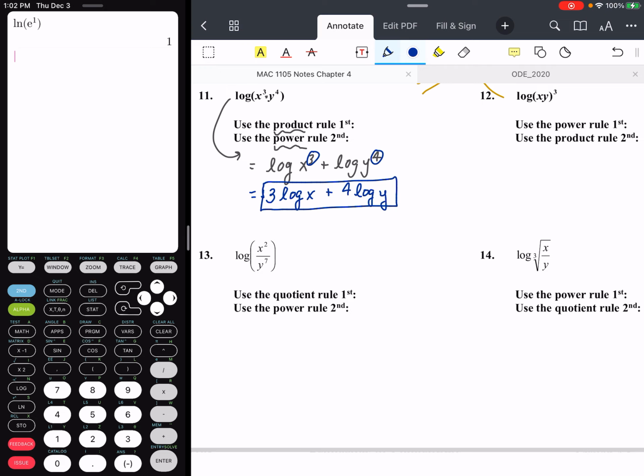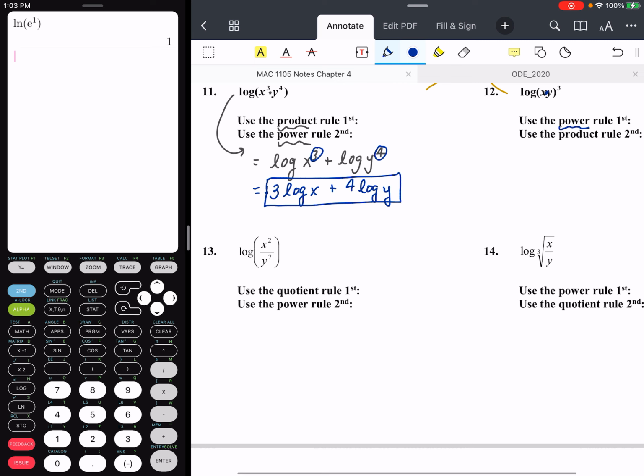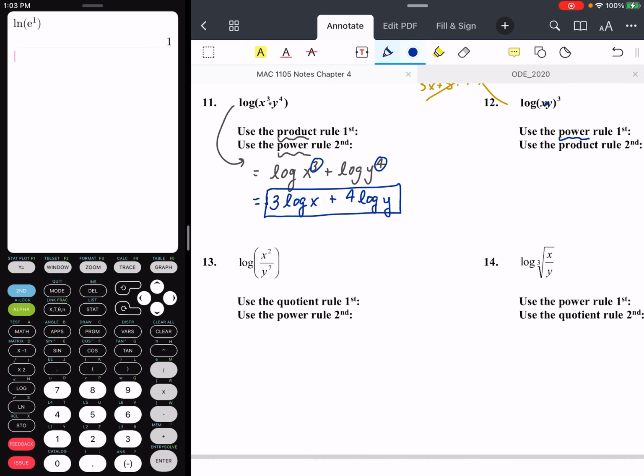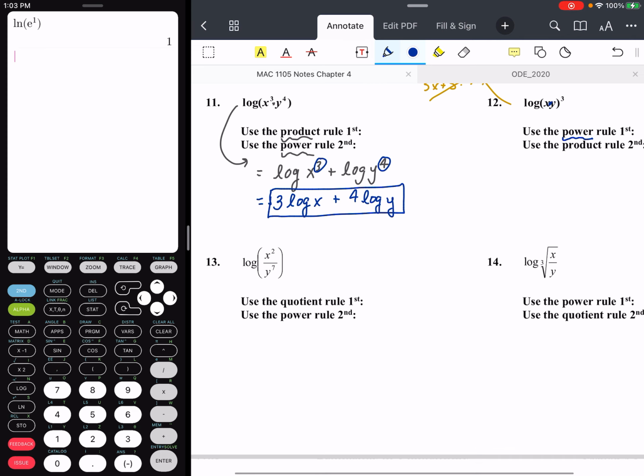For number 12, we have the log of x times y cubed. So again, we have a product and we have a power. But in this example, we're going to use the power rule first. The reason is we're taking the log of a product, but that whole product is then raised to a power. So because the power is outside of those parentheses, that's why we're applying the power rule first.